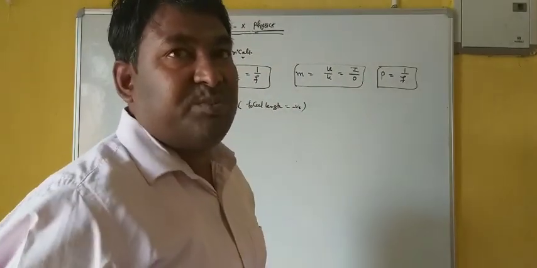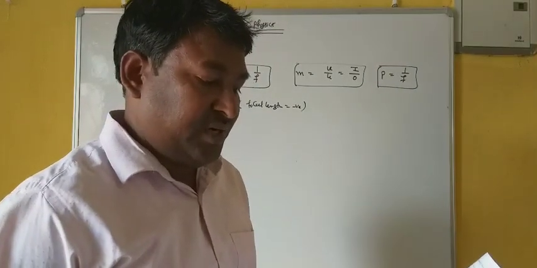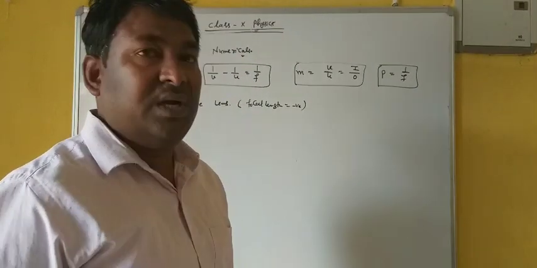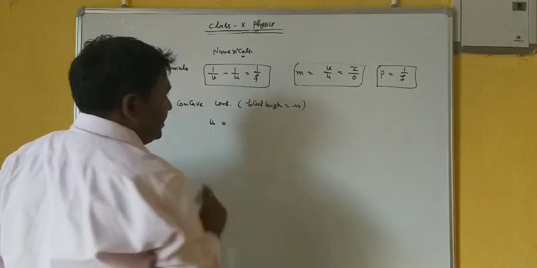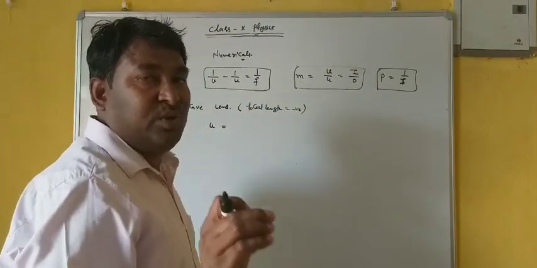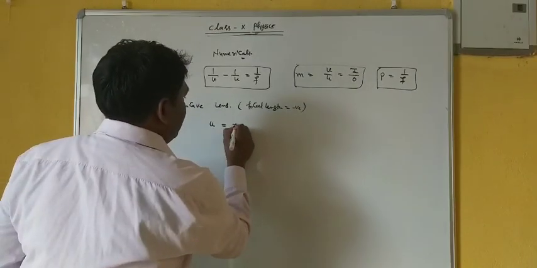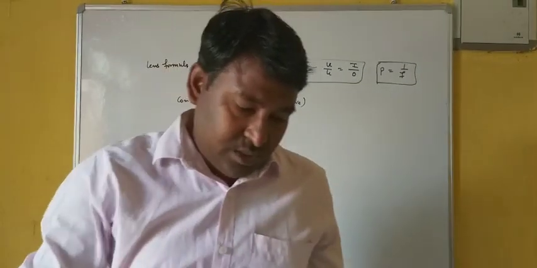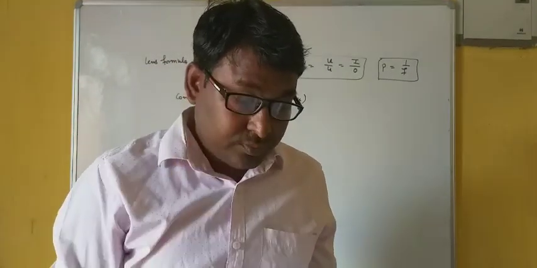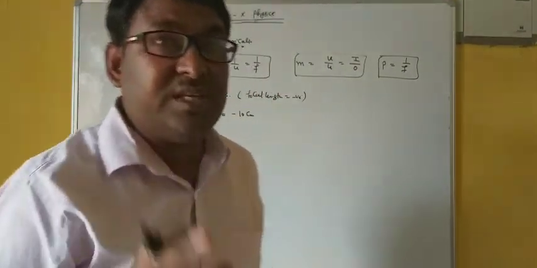And your object is placed 10 centimeter in front of the concave lens. If your object is in front of a lens, then its value will be negative. So U is equal to minus 10 centimeter.